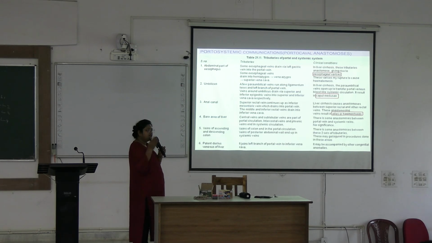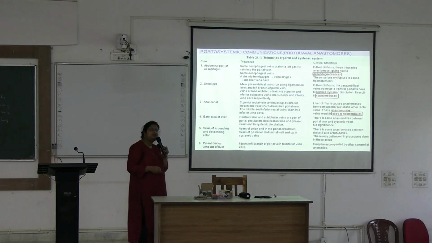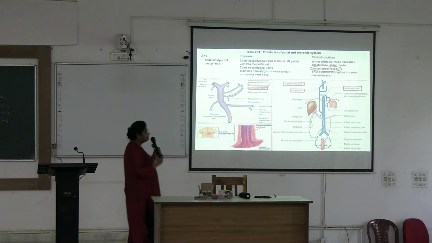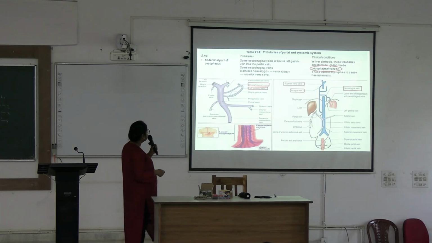Okay, there is a groove in the liver containing this ligamentum venosum. So, it may be accompanied by other congenital anomalies in the fetus. If it remains patent, see the diagram. So this is abdominal part of esophagus.